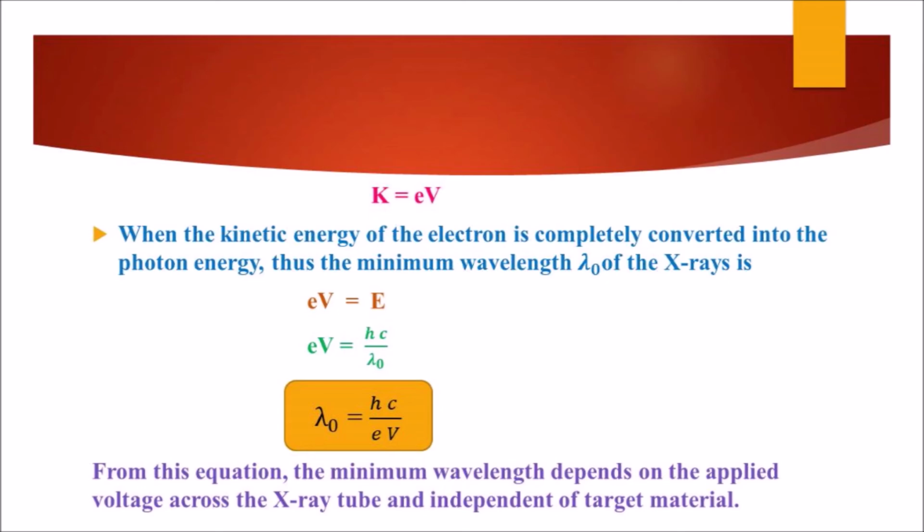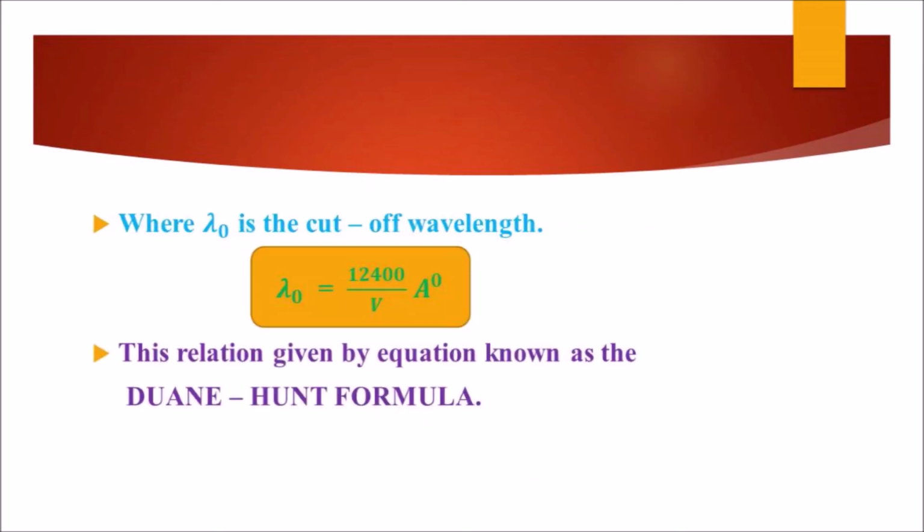From this equation, the minimum wavelength depends on the applied voltage across the X-ray tube and is independent of the target material, where lambda naught is the cutoff wavelength, that is the minimum wavelength.